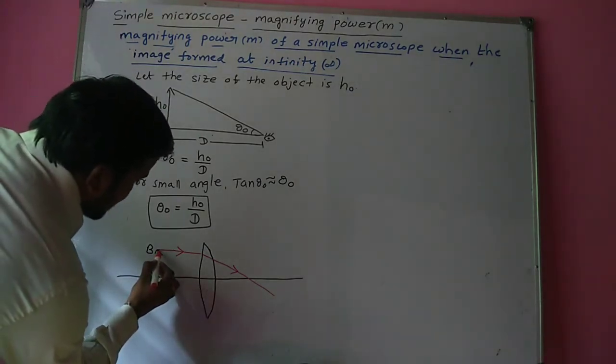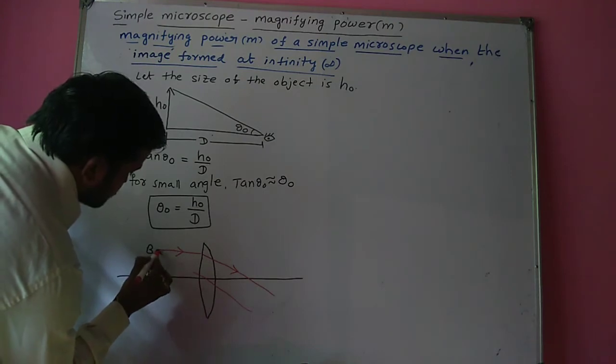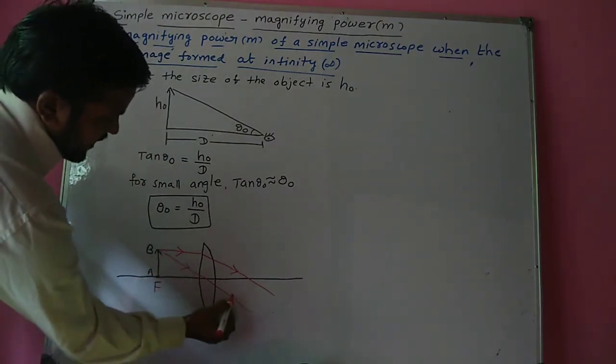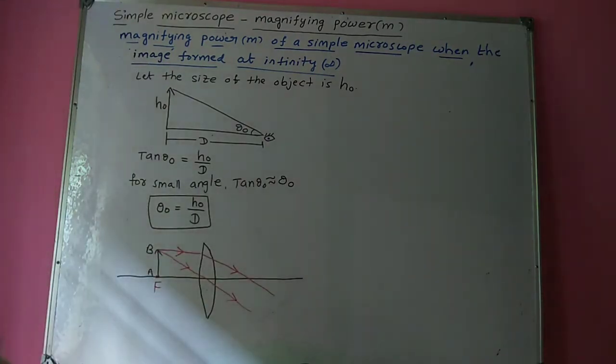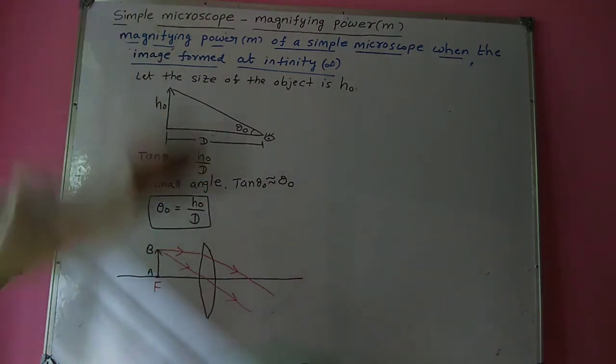Whenever a light ray passes through the optic center, it does not deviate. Here it forms a magnified and virtual image.